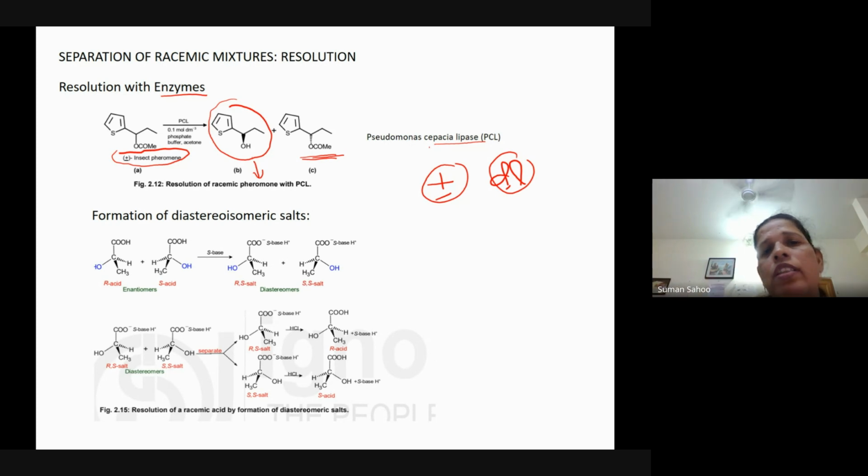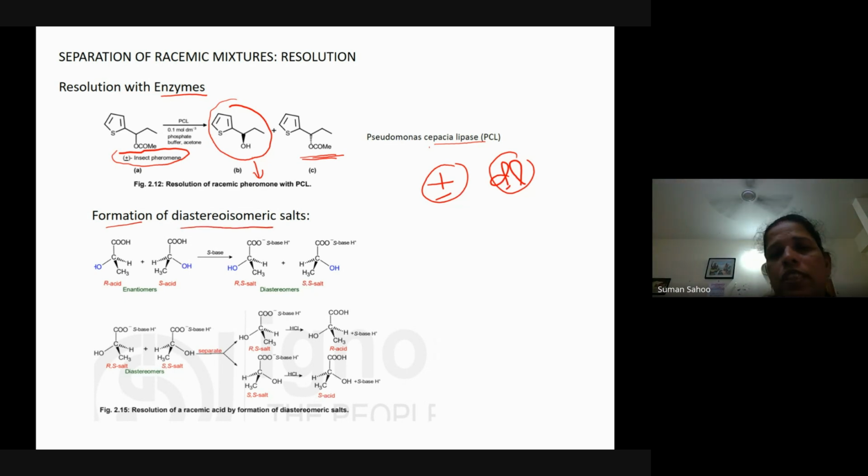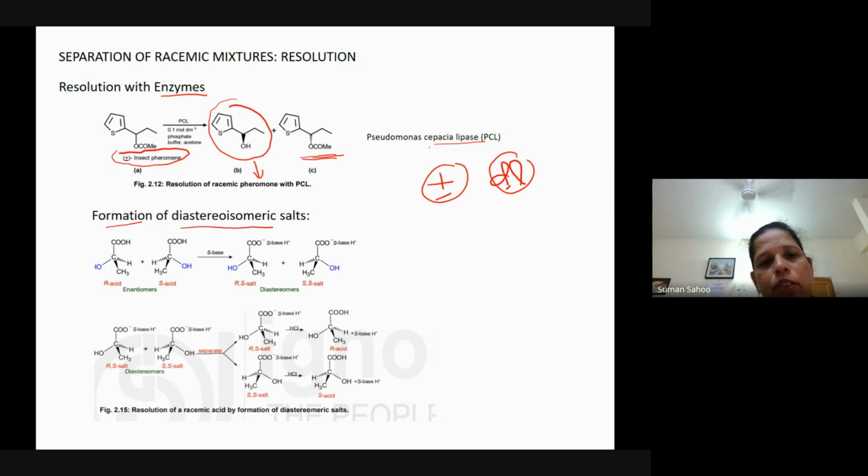You can use other chemical methods also, such as formation of a diastereomeric salt. As we know, diastereomers differ in their physical properties, such as melting point. If we convert the enantiomers into diastereomers, it becomes easier to separate them, because enantiomers don't differ much in melting point, and their chemical and physical properties are almost the same.